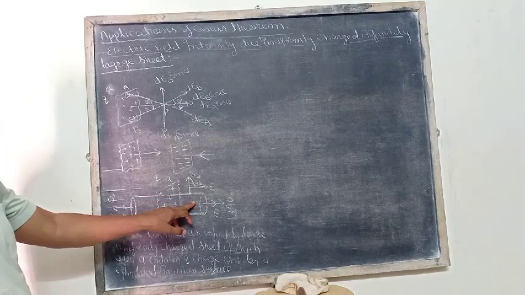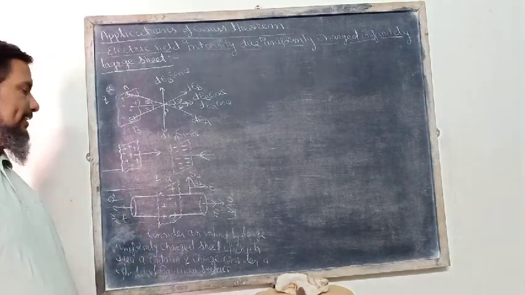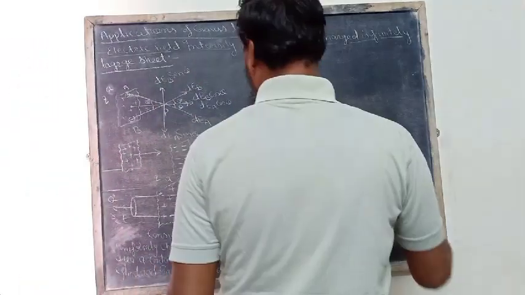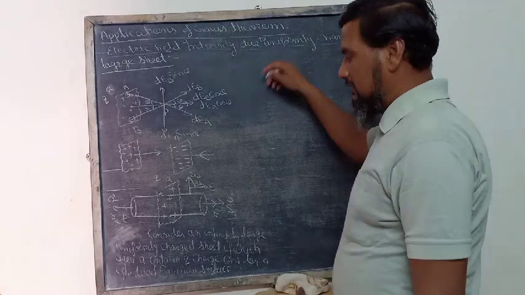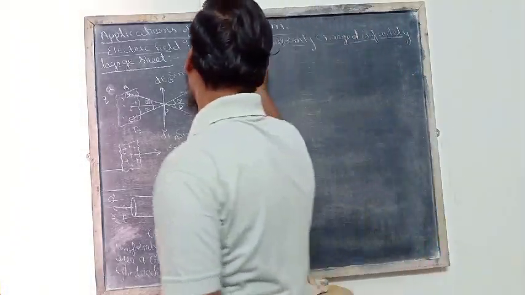This is the Gaussian surface. A Gaussian surface is always a closed surface, and it has electric field intensity at every point. These are the two conditions for the Gaussian surface. So we apply the Gauss theorem.